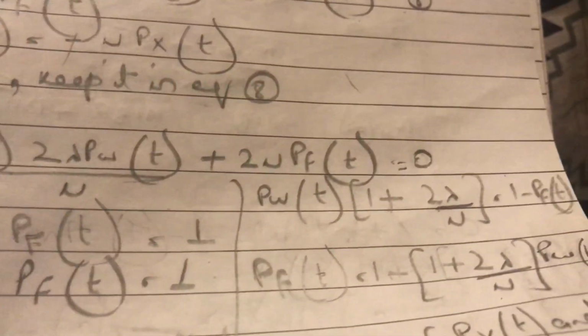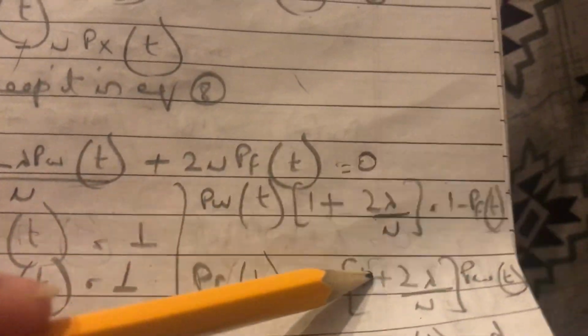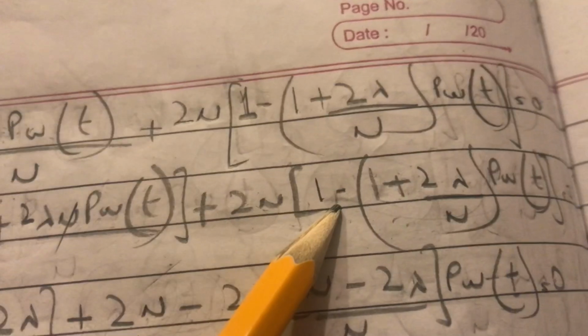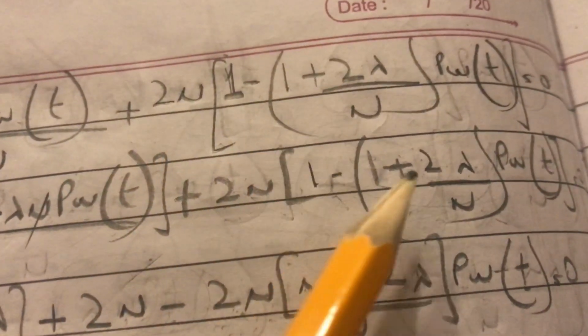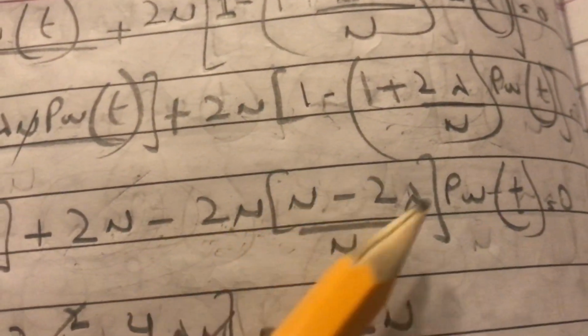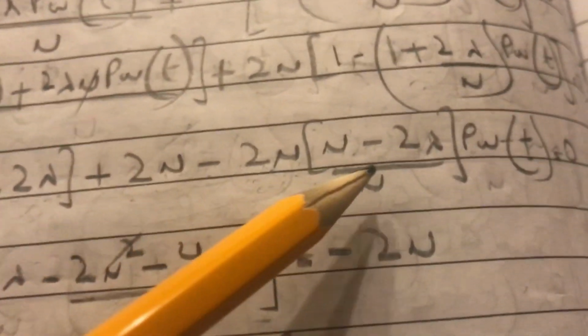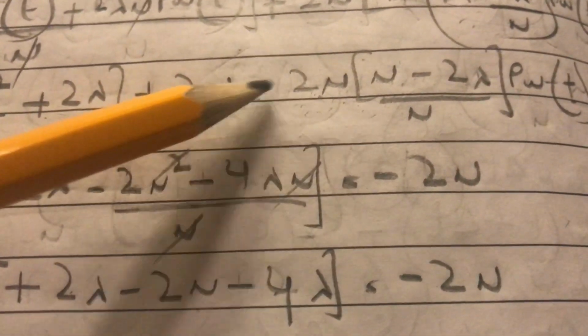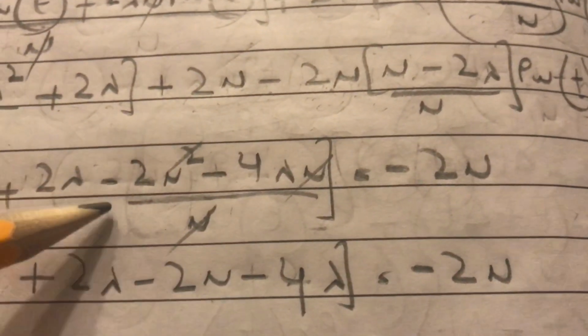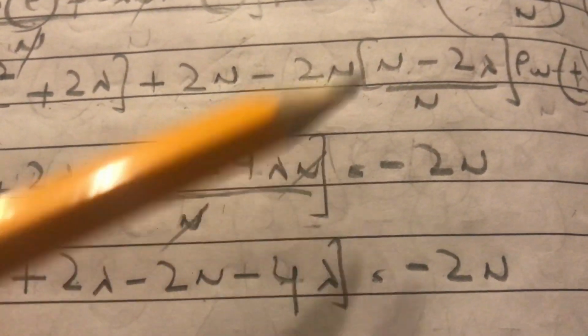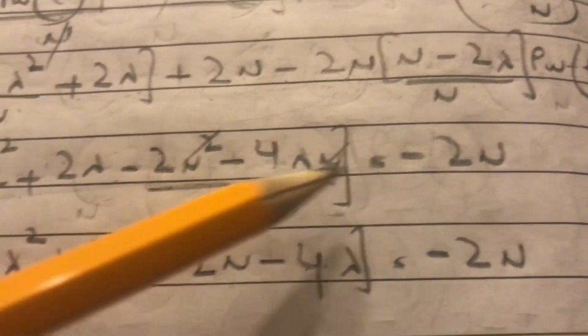See, where it was 1 plus 2 lambda over mu, it was like this. So we solved it before, we keep it as minus and minus plus minus. It's just that we wrote it here and solved it, so we are not going to solve it again, obviously. 2 mu square minus 4 lambda mu over mu.